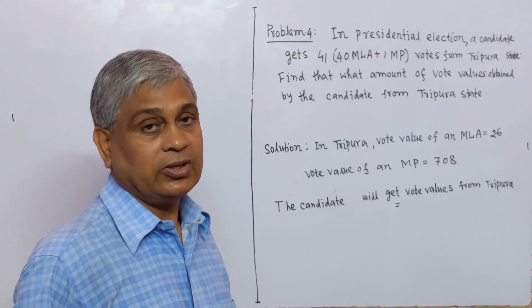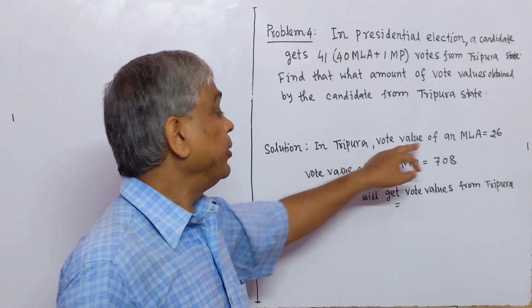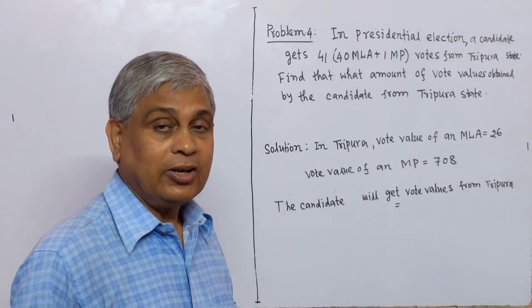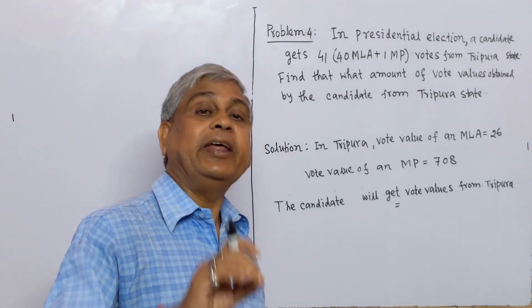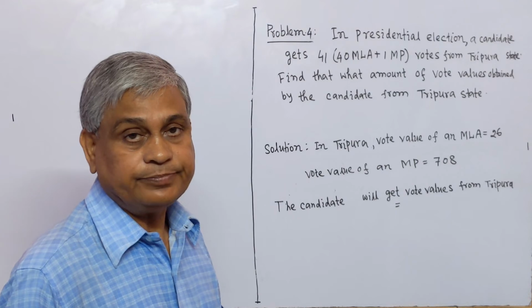Now we solve this. Since we know that in Tripura, vote value of an MLA is 26 and vote value of an MP in entire country is 708.